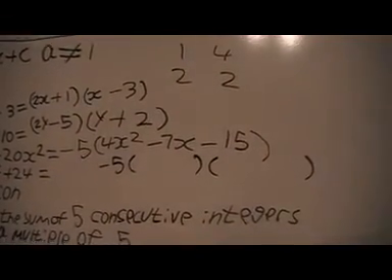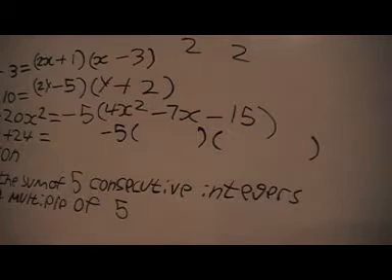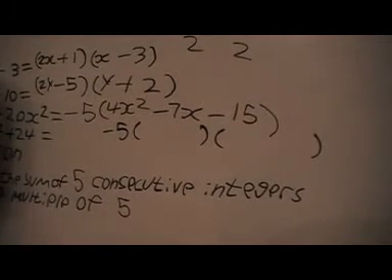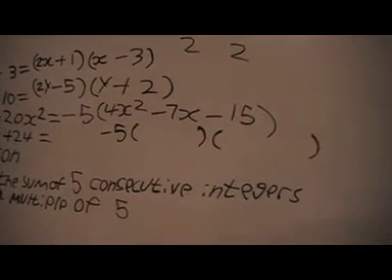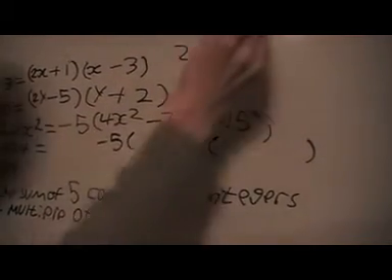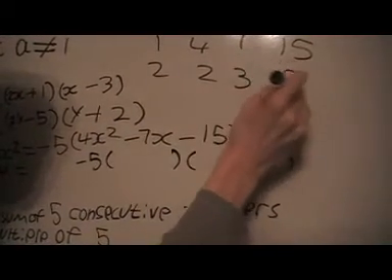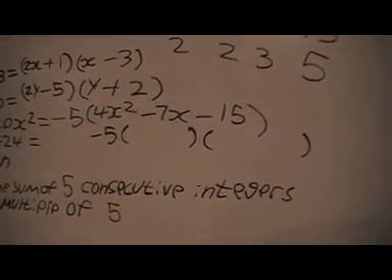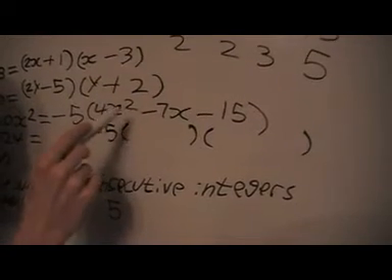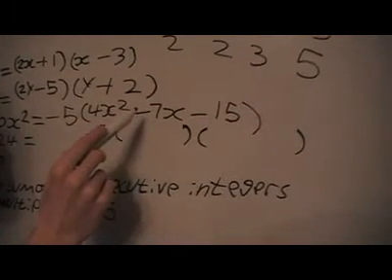Let's see which one we're going to use. And then for the 15, we've got 1 and 15, 3 and 5. But also I want them to add to make this -7.